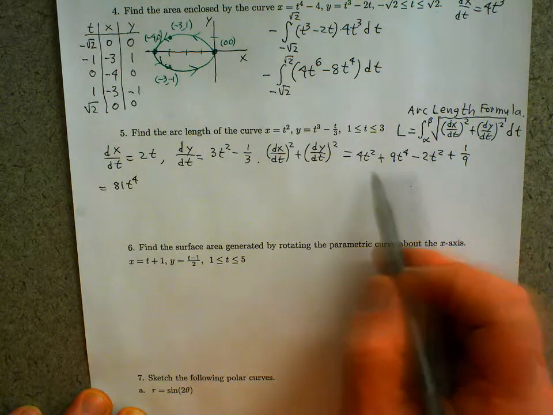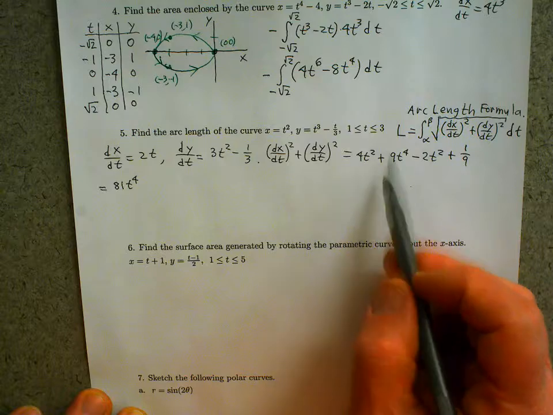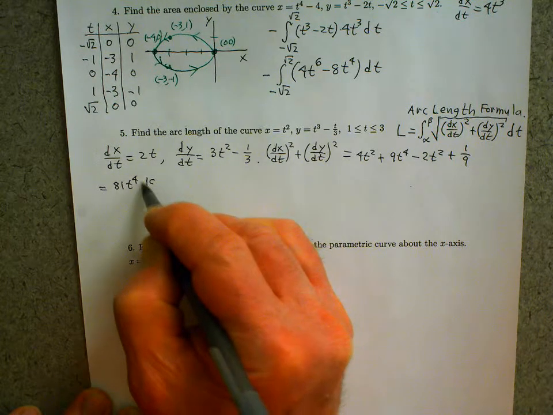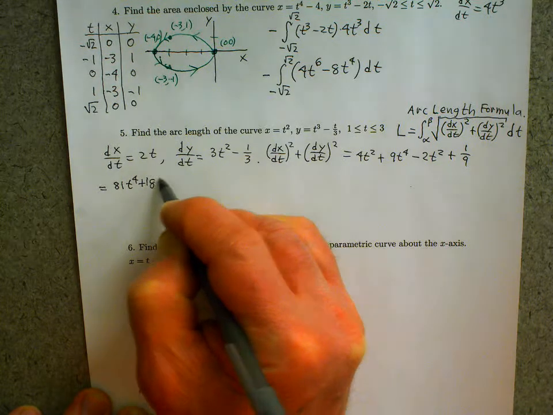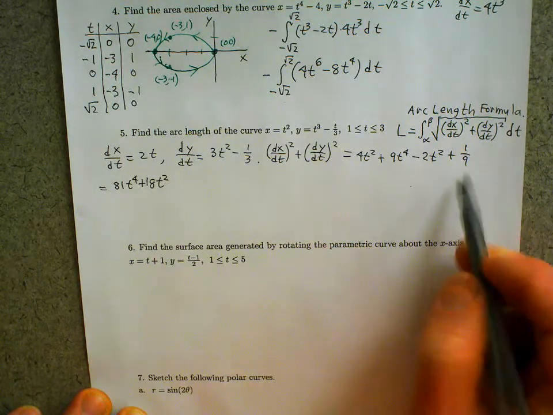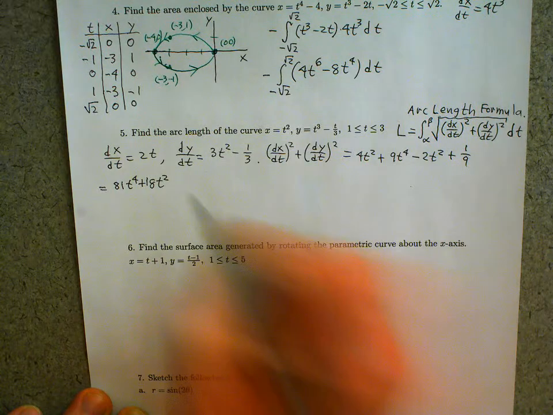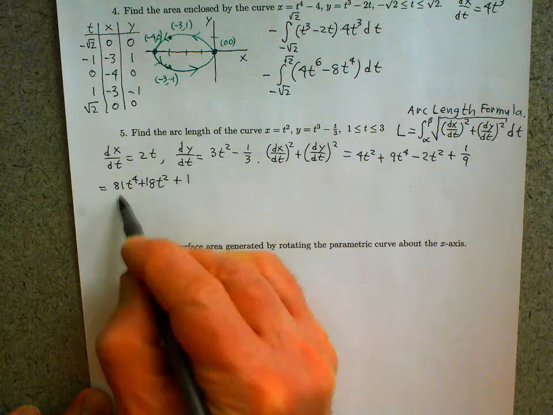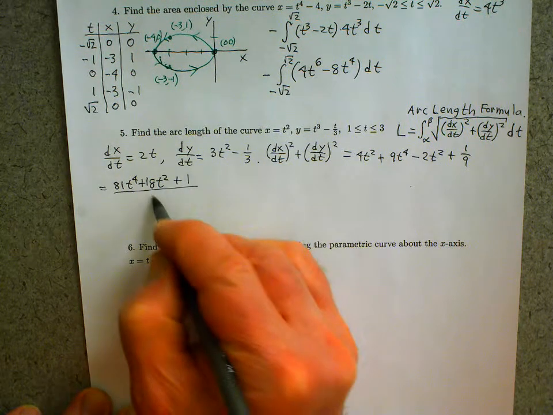And then 2t squared times 9 over 9 is 18t squared, plus 18t squared. And 1 over 9 already has a denominator of 9, so this is plus 1. And this is all over 9.